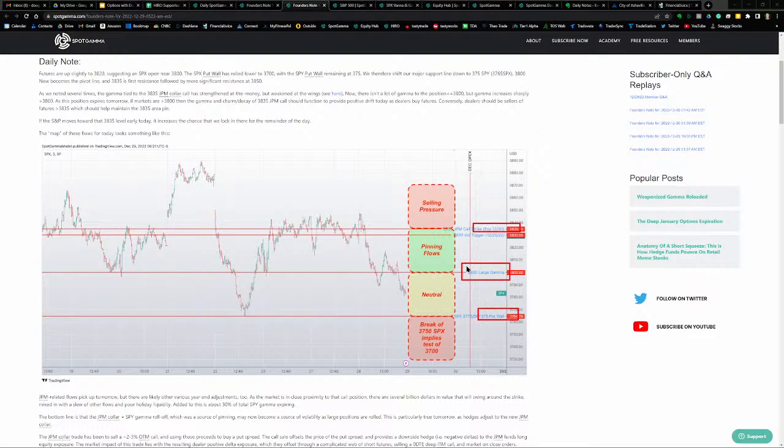And again, this is all SPX levels. And then above that, they're looking for selling pressure at that level, down back to 38.35. So pinning flow or bullish buying pressure below that level down to 3,800, and then selling pressure above that level, leading to a pinning effect. So that's what Spotgamma was calling for yesterday morning.